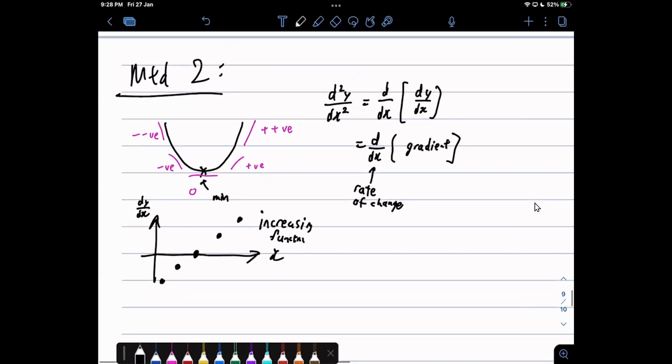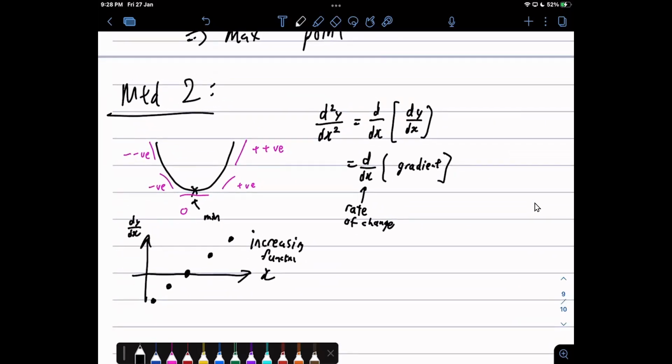What do you know about increasing functions? The derivative. Sorry, maybe I shouldn't say rate of change, this one is just the derivative. For an increasing function, the derivative must be more than 0 or less than 0?